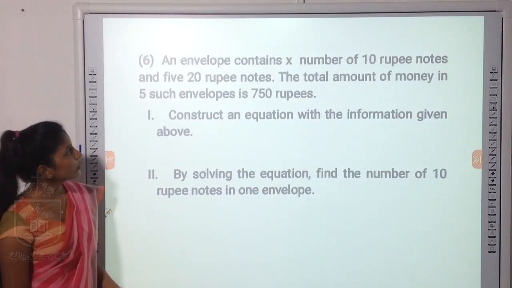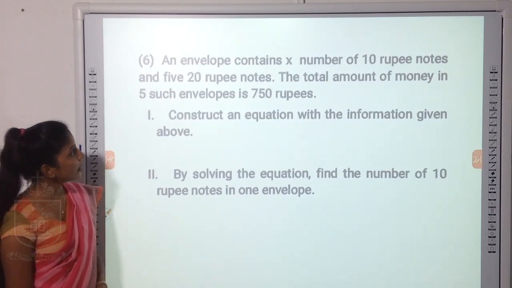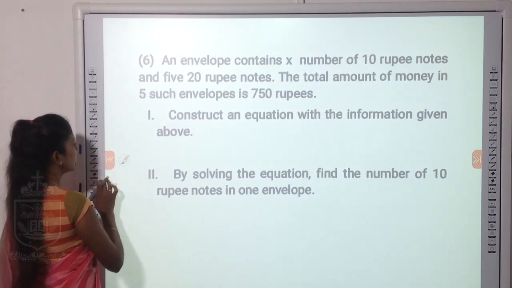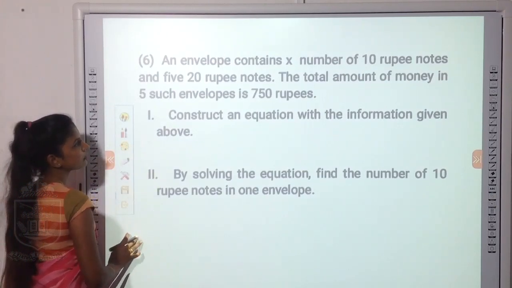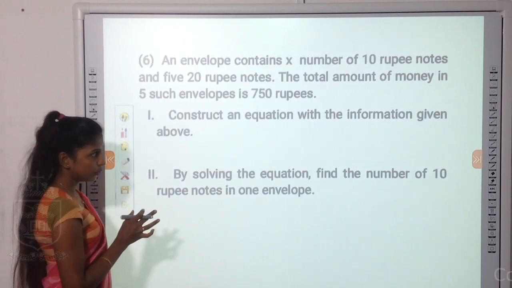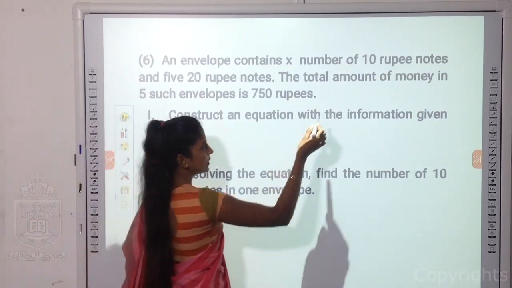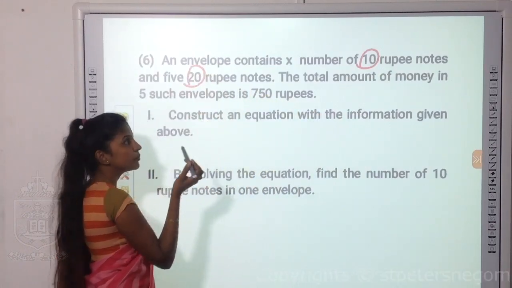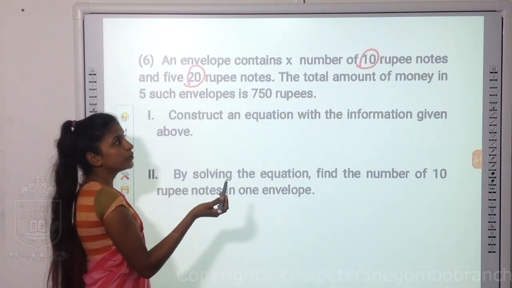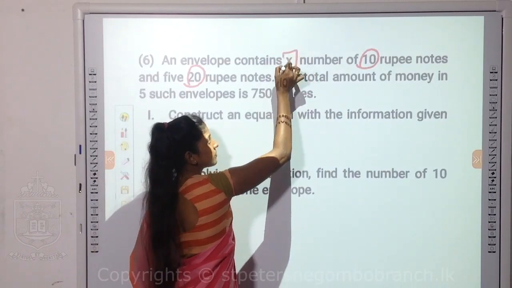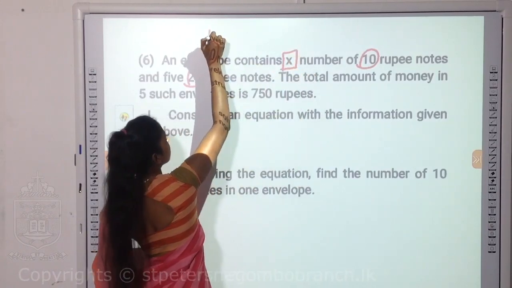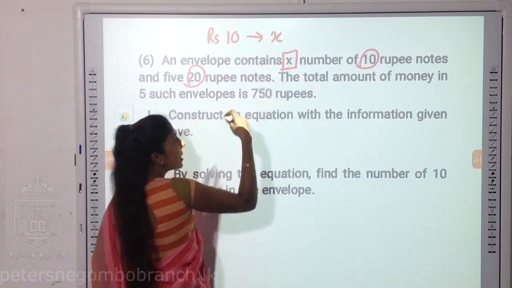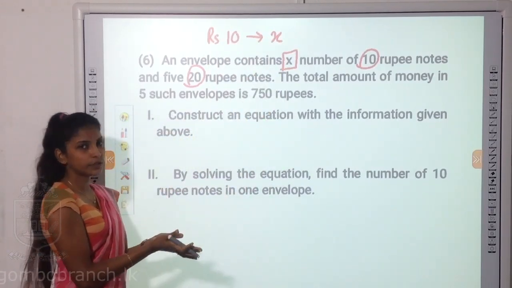So let's see. Now here you can see when you read this, an envelope contains X number of 10 rupee notes. Right. So here there are two types of notes, 10 rupee notes as well as 20 rupee notes. Now inside this envelope you don't know the number of 10 rupee notes. There are X number of notes.